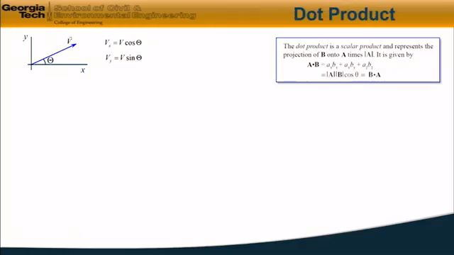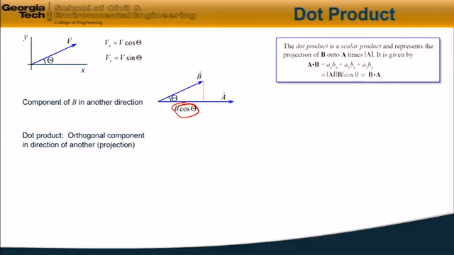Next, we can form the dot product, which is a scalar product which represents, for example, the projection of a vector B onto another vector A multiplied by the magnitude of the vector A. So in this case, let's suppose that we have a vector B and a vector A, and the component of B projected onto A is just B cosine theta, as shown here.